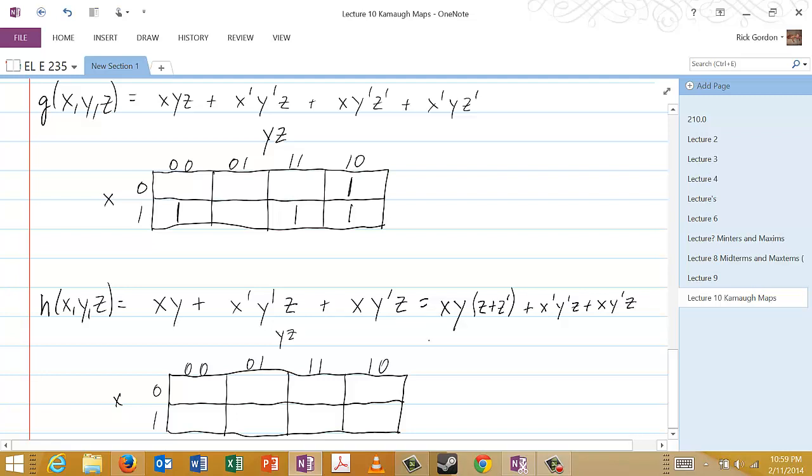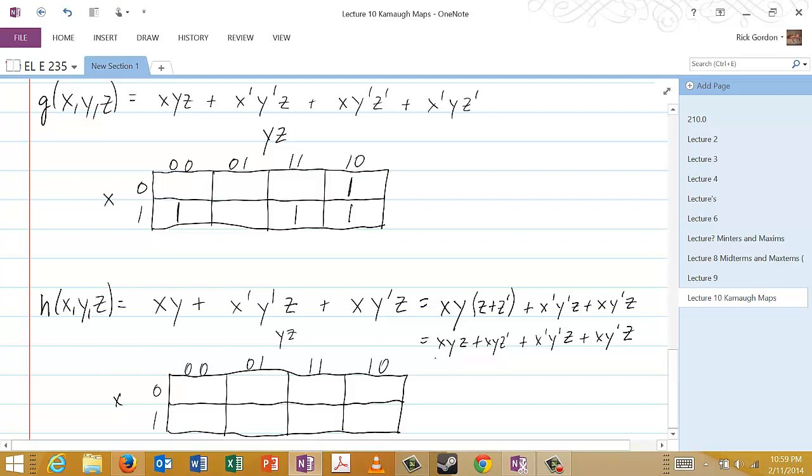And then when we expand this out, we'll get xyz, or xyz prime, or x prime y prime z, or x y prime z. And now that we have a min-term expansion, it's easy for us to fill in the 1s on the Karnaugh map.